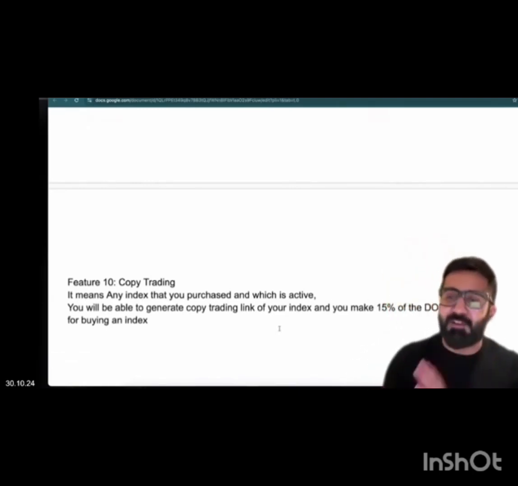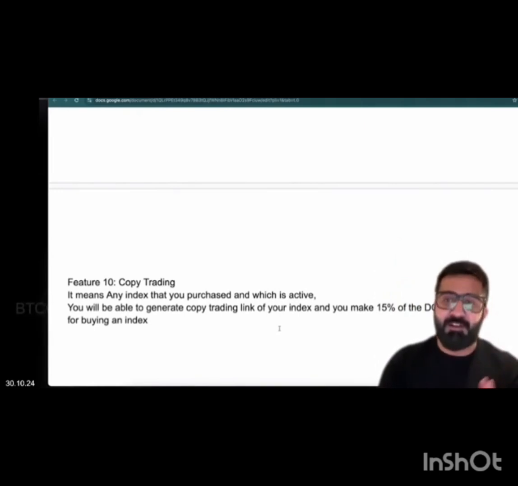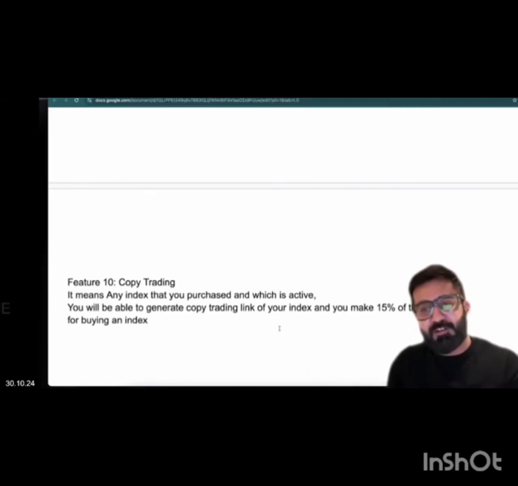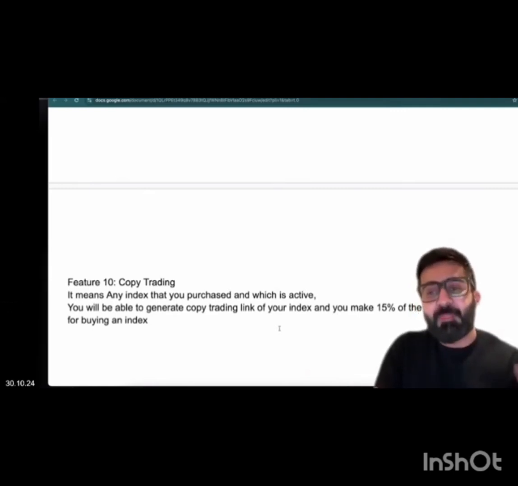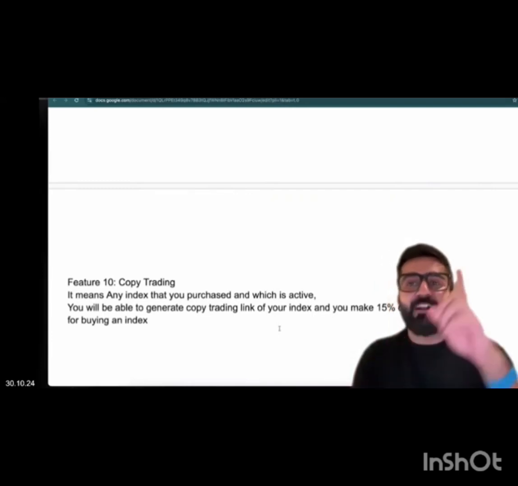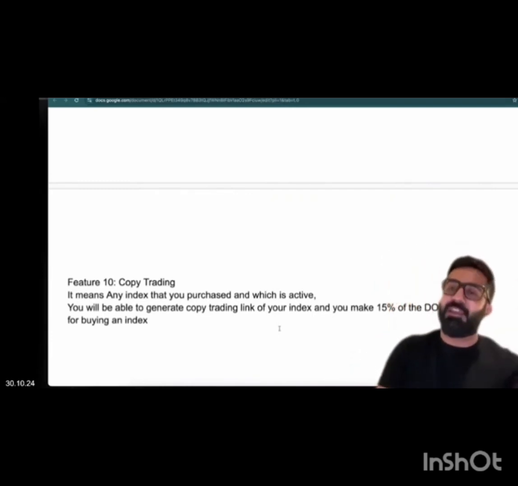Let's say you have made some money on a particular index. You generate your copy trading link with your portfolio of different indexes, and you send it to someone. When they follow you or use your copy trading link, you get 15% of the Dodo fee that they pay at the time of buying the index.